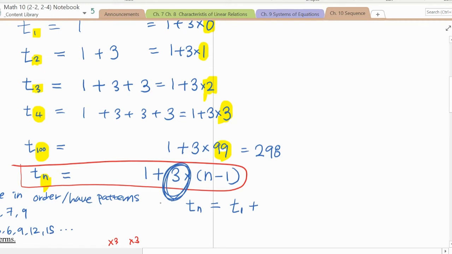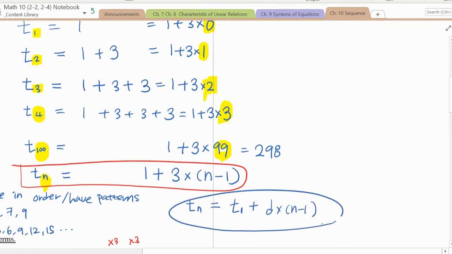3. 3 is the common difference. We use D for common difference, right? So Tn equals T1 plus D times n minus 1. This is the general term formula. I want you to remember this, okay?